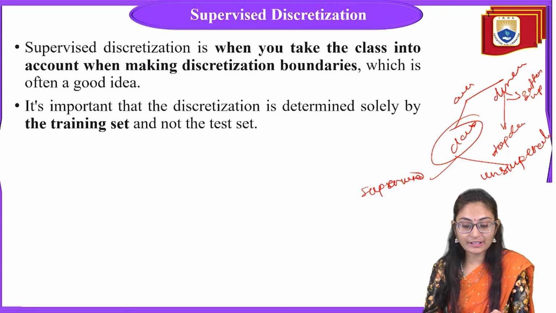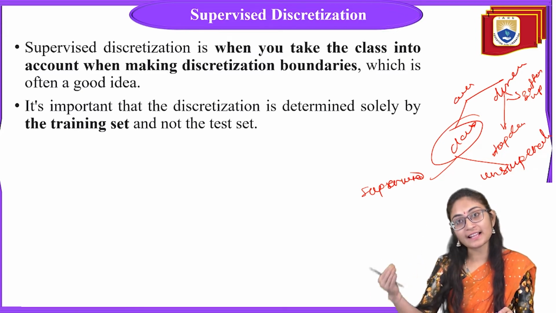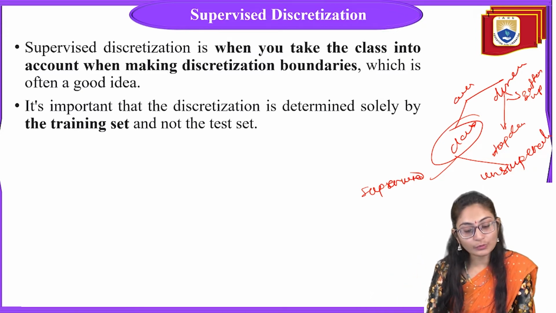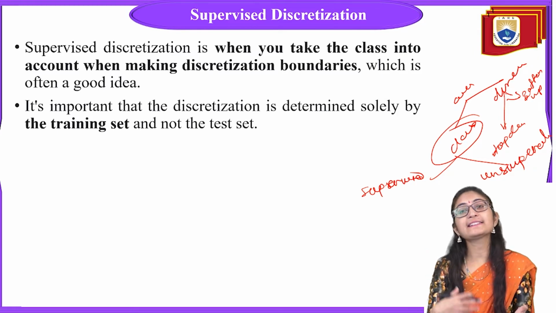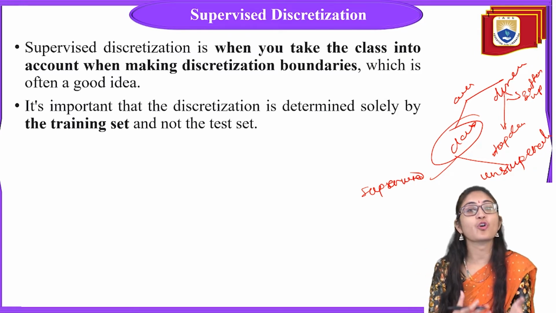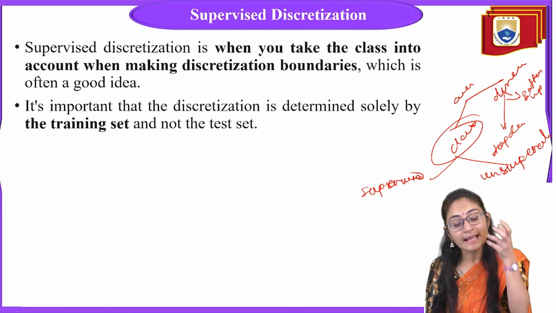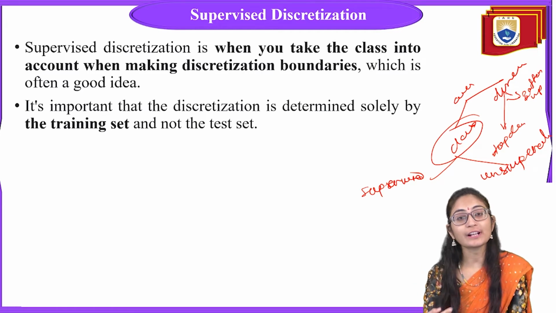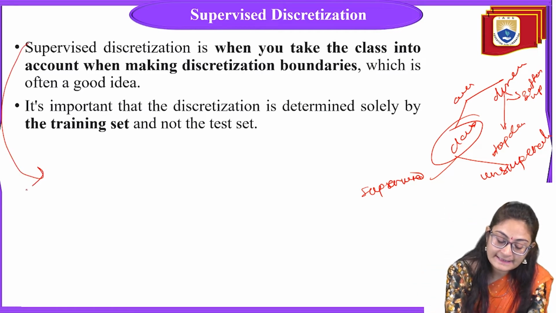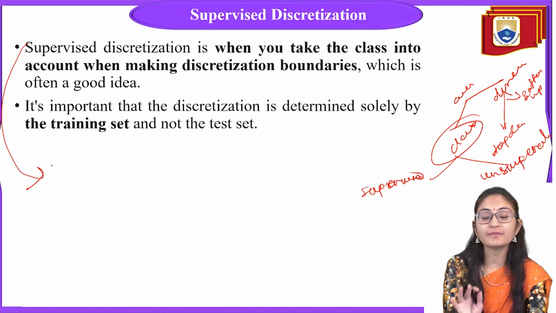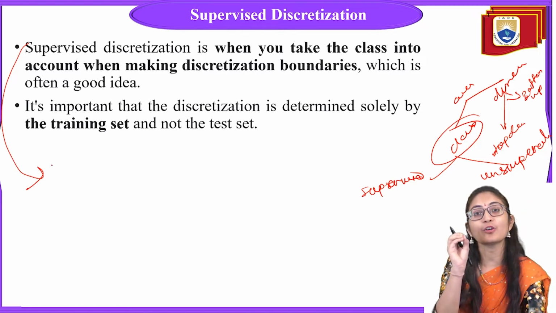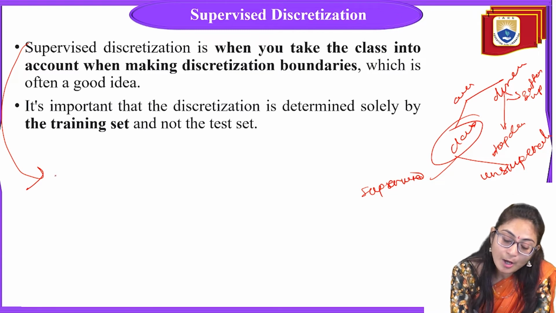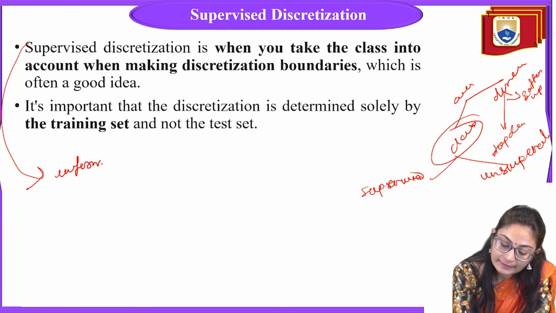According to a definition, you take the class into account when making discretization boundaries, which is often a good idea. That means when you are talking about supervised discretization, it already has information about the class.